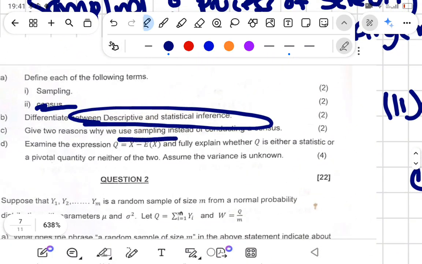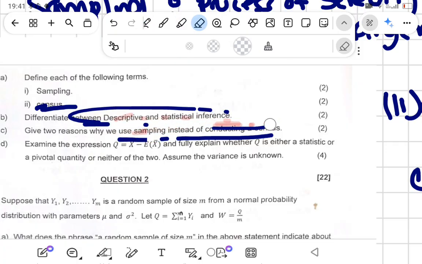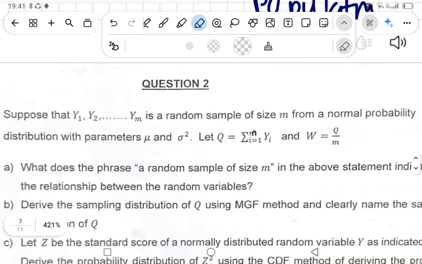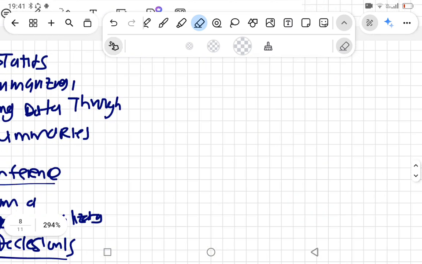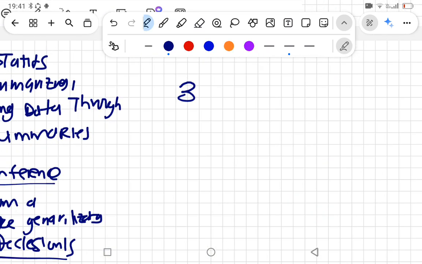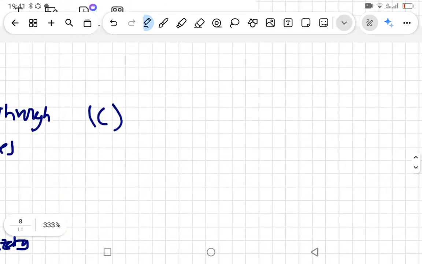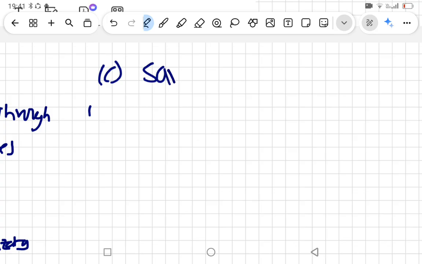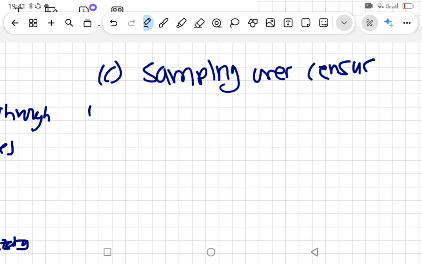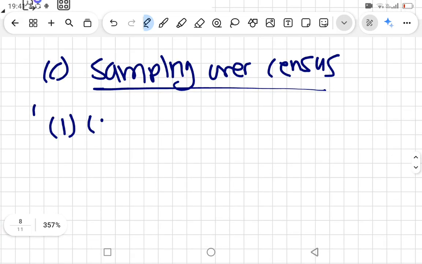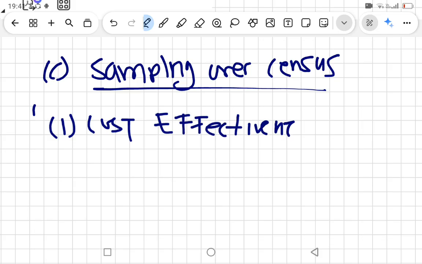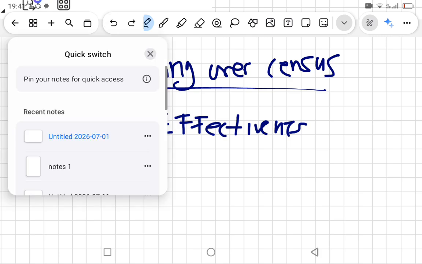Give two reasons why we use sampling instead of conducting a census. Why do we choose sampling over census? This is based on two points: cost effectiveness, and number two is time efficiency.